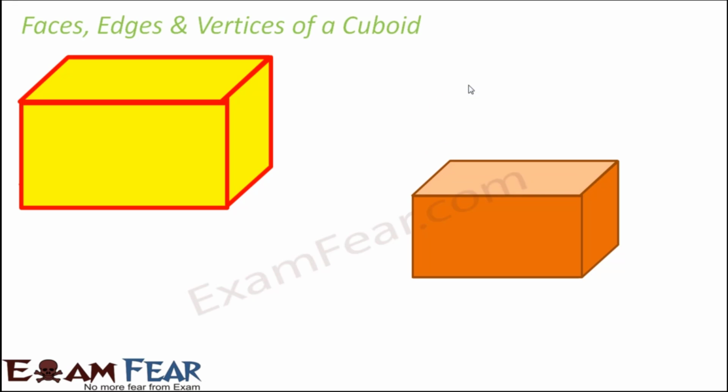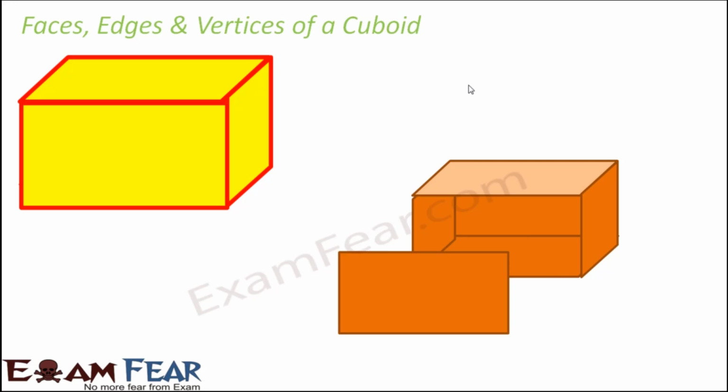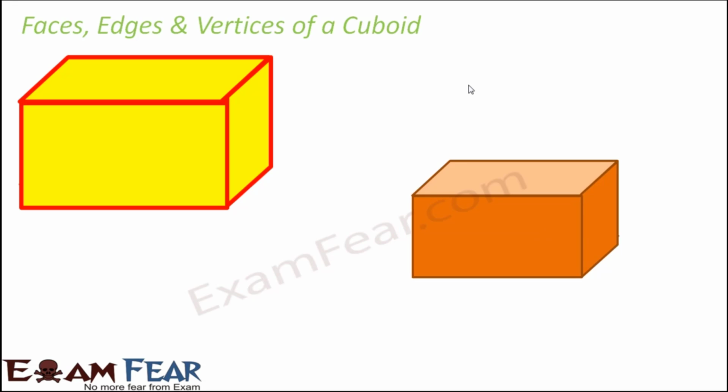In a cuboid, each of these rectangles forms a face of the cuboid. When you look at it from the back, you will see this face. When you look at it from the side, you will see this face. This side, this face. The front face is this one. In total, how many faces do you have in this cuboid? Just now we saw that there are a total of 6 faces in this cuboid, and each face of a cuboid is a rectangle.